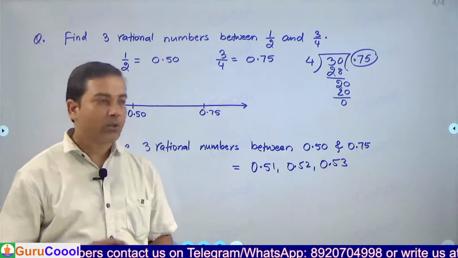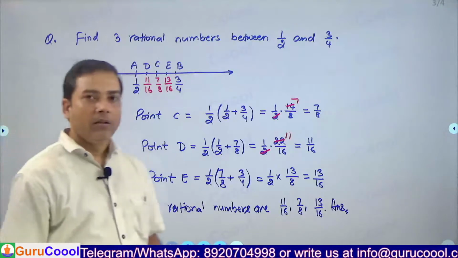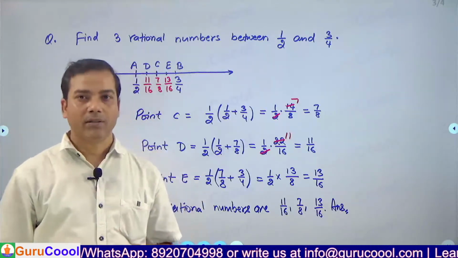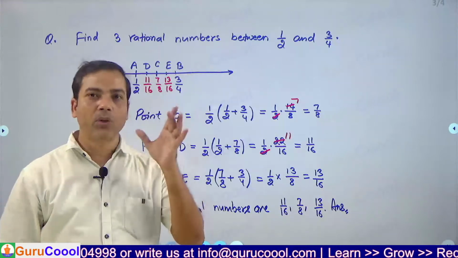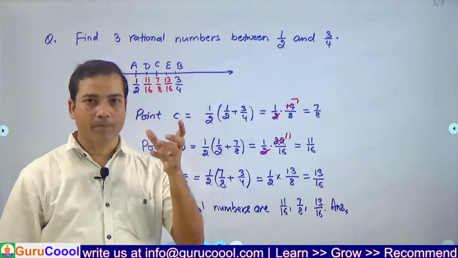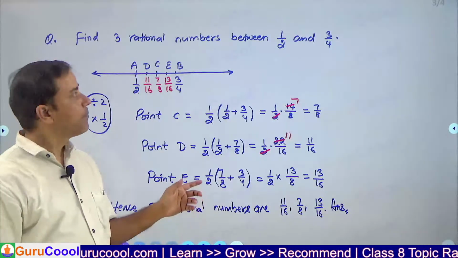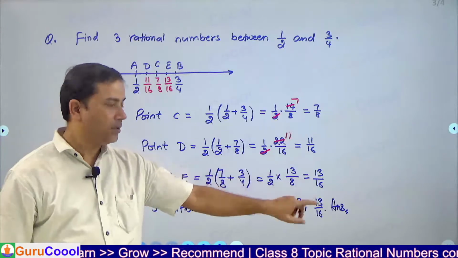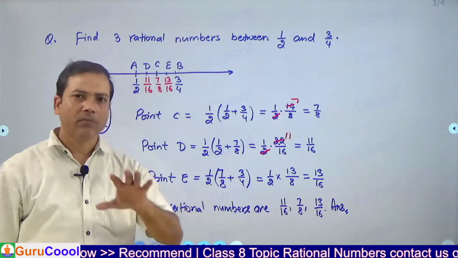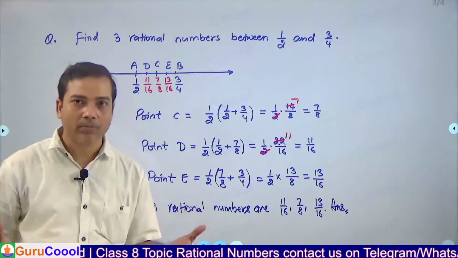But what actually happens, reality is, in exams, if your teacher is asking the same question, the teacher may have an aim to check your knowledge to find rational numbers in this P by Q form, not in the decimal form. I'm just telling you a general idea. I'm not telling you that's a rule.